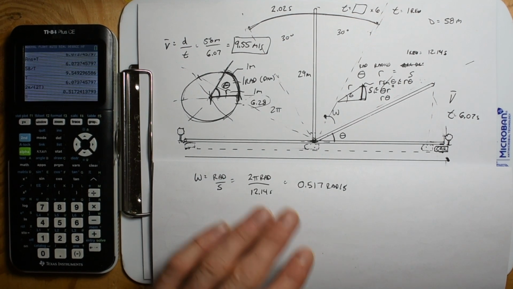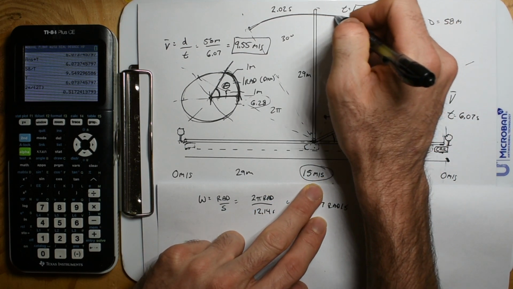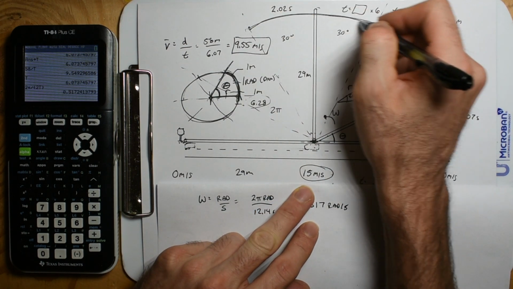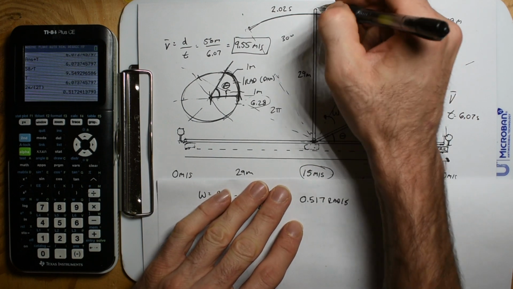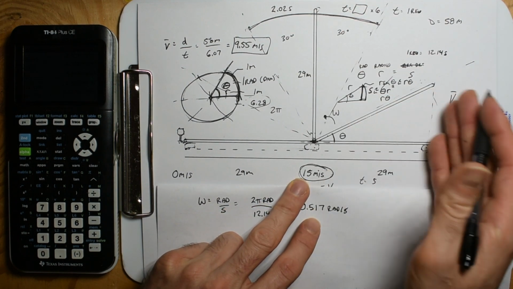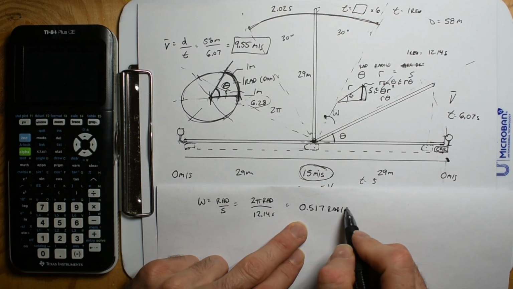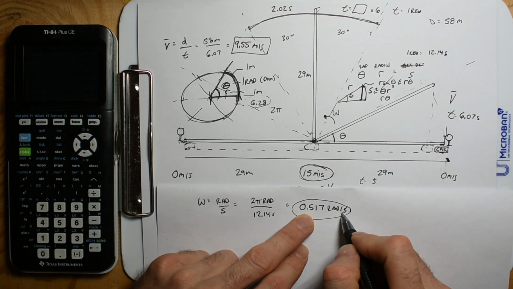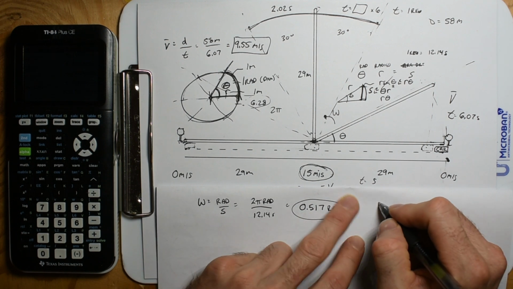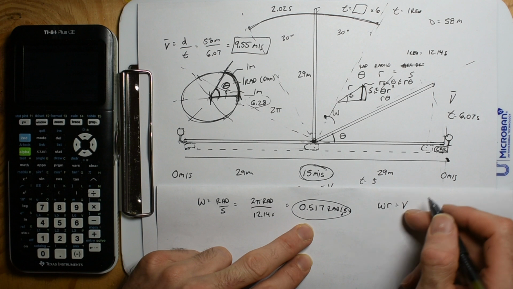This is the other thing that we can double check. If we said this was an average speed of 15 meters per second across that arc length, that's not going to be our max speed. I wanted our max speed to be 15, but we had to come up with an average. But now that we have the radians per second, this is going to determine our max speed, because radians per second times radius is our tangential velocity.